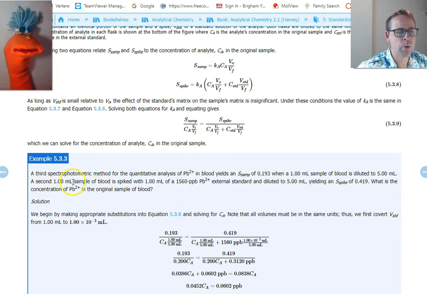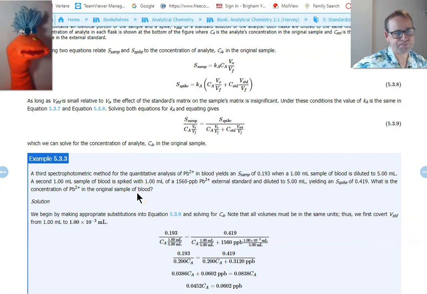Now we have a second 1 milliliter sample of blood, and it's spiked with 1 milliliter of a known concentration of lead, and that's our external standard, and diluted to 5 milliliters, yielding a signal from our spiked sample of 0.419. So we want to know what the concentration of lead was in the original sample of blood.